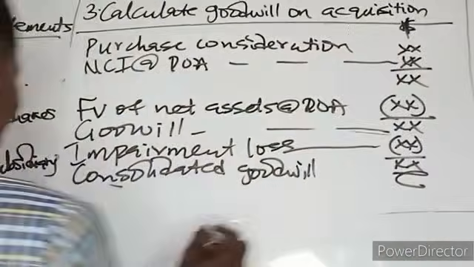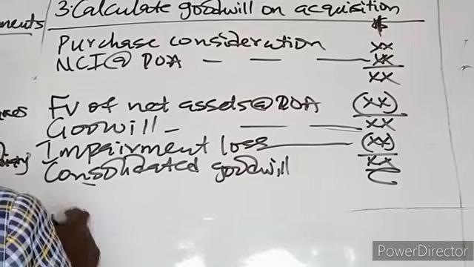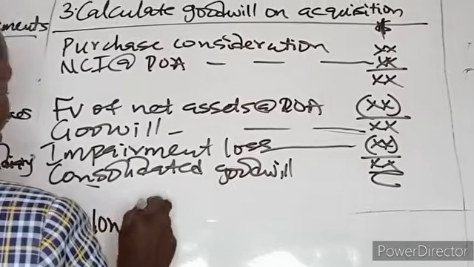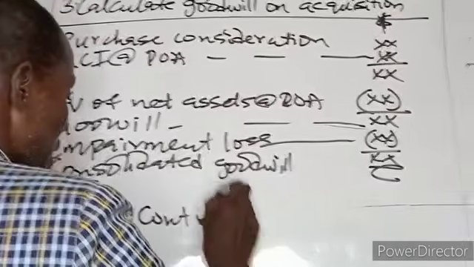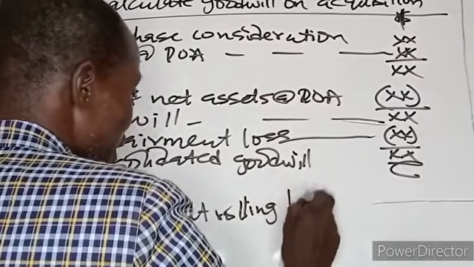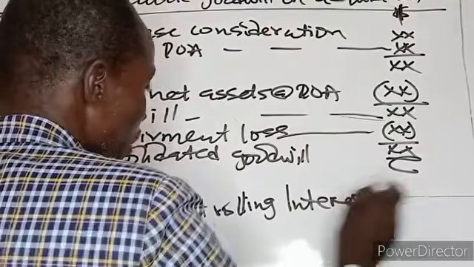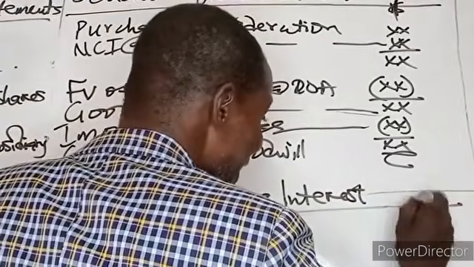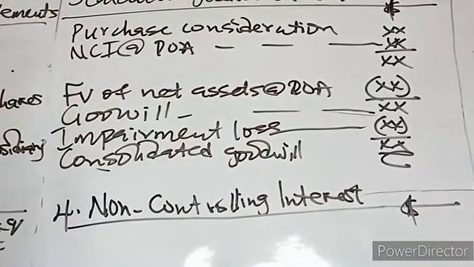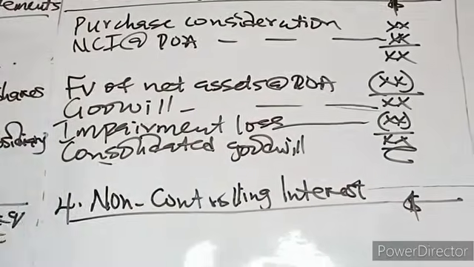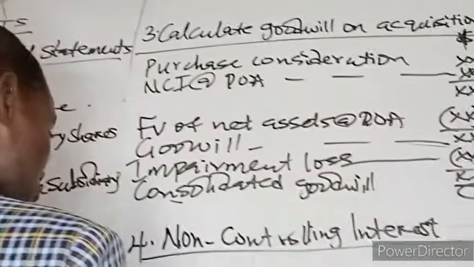Then, step 4. You calculate non-controlling interest. Calculate the NCI that will appear in the consolidated statement of financial position.